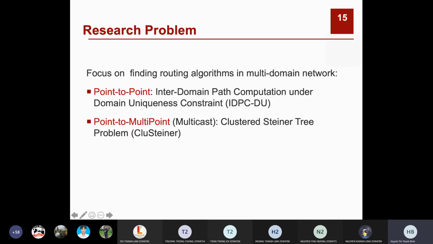And for point to point, we are interested in the interdomain path computation under the domain uniqueness constraint, and point to multi-point, we can call that multicast, and we are solving by applying the cluster Steiner tree problem.